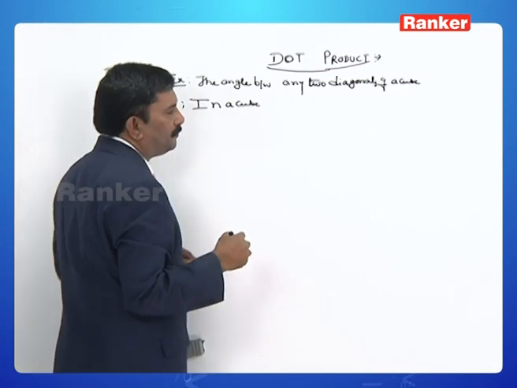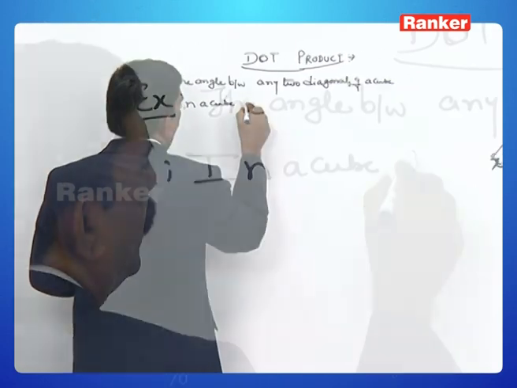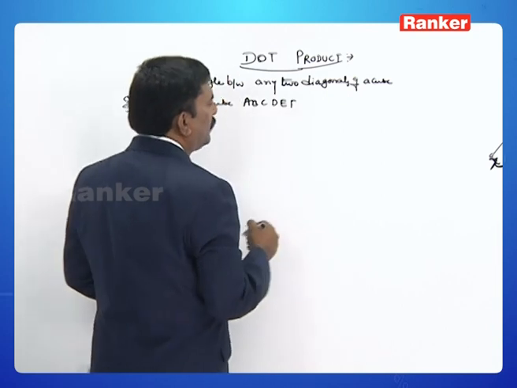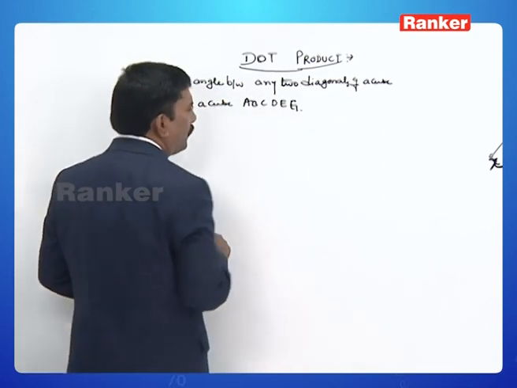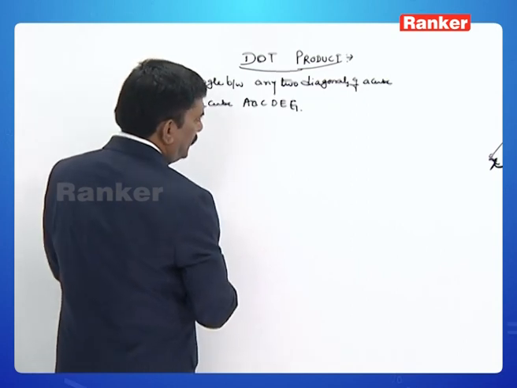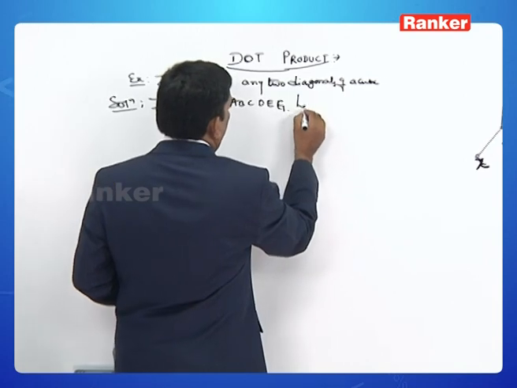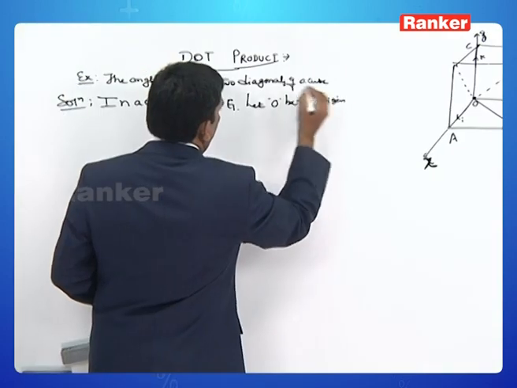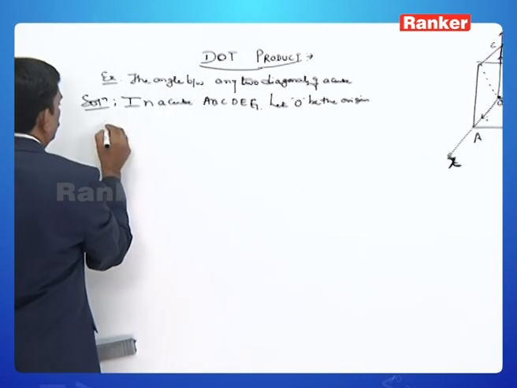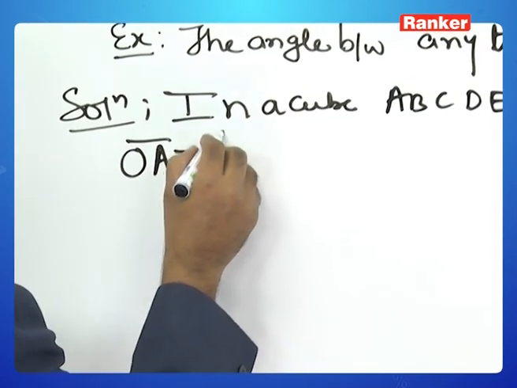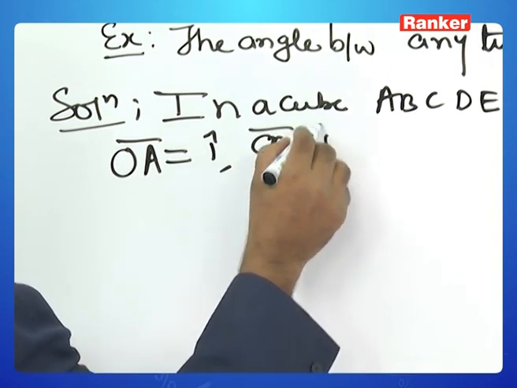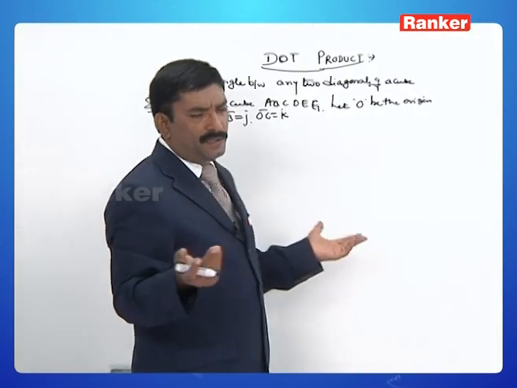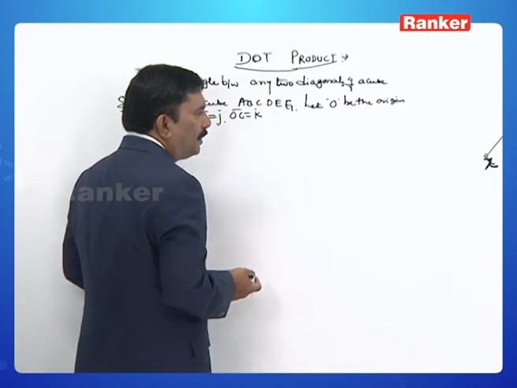In a cube A, B, C, D, E, F, let O be the origin, with OA bar equal to I, OB bar equal to J, OC bar equal to K. They can be taken as the X, Y and Z axes. No problem in that.